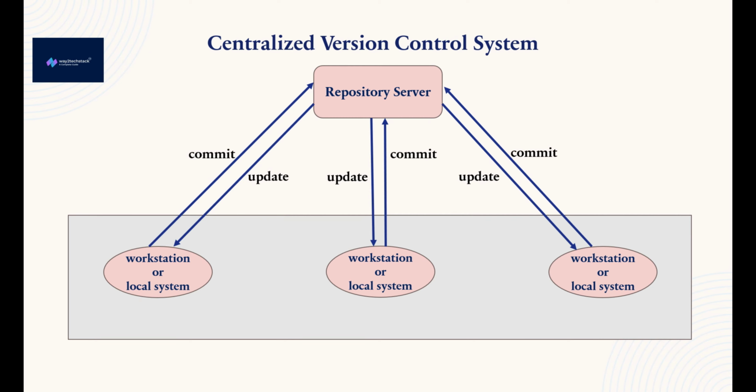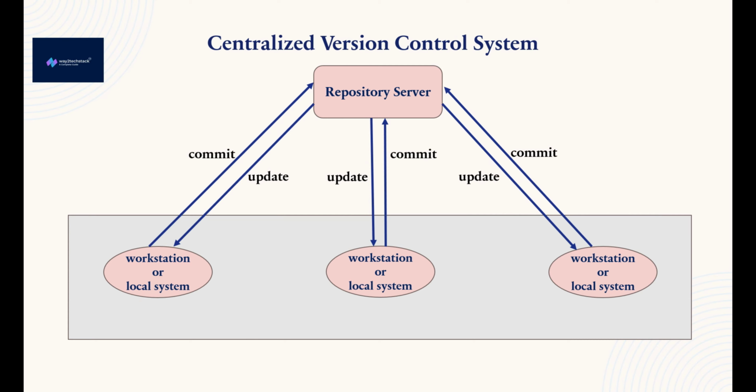Why? Because the concept is you are not storing any copy in your local system, so it will not occupy a huge amount of disk space. Everything is stored in the centralized repository. Which means if you are developing binary files for your software development, definitely we have to go for CVCS instead of DVCS.